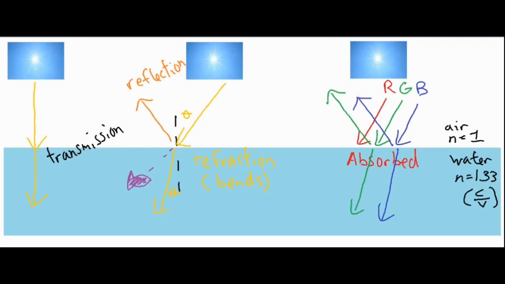So if we're on the outside taking a look at the water, it's often going to have a greenish blue color in certain cases, depending on the clarity of the water. When the green and blue are combined, it makes a color called cyan, which is basically just a greenish blue color. That's the reason why when you look at the ocean or bodies of water that are fairly clean, they have that greenish blue color, because the green and blue are getting reflected towards your eye, and a lot of that red is getting absorbed.